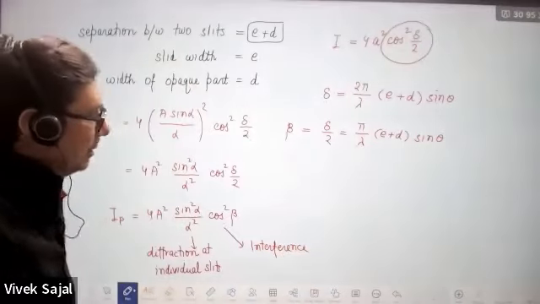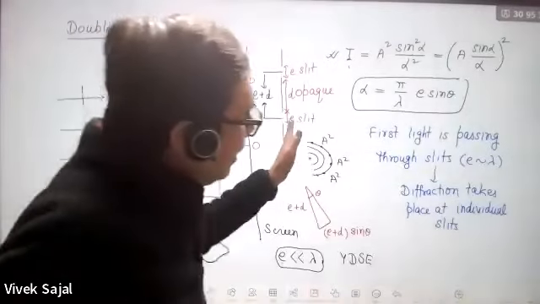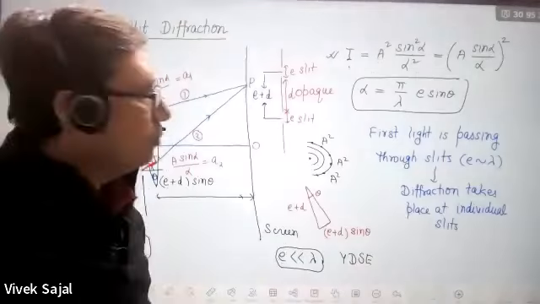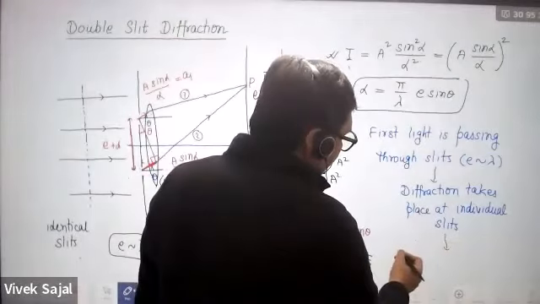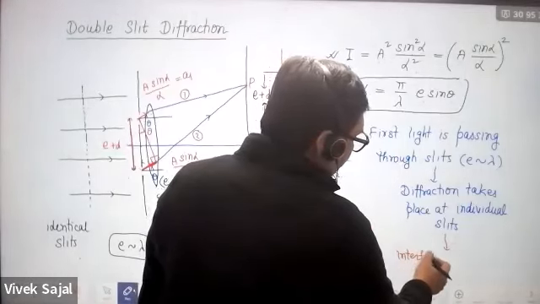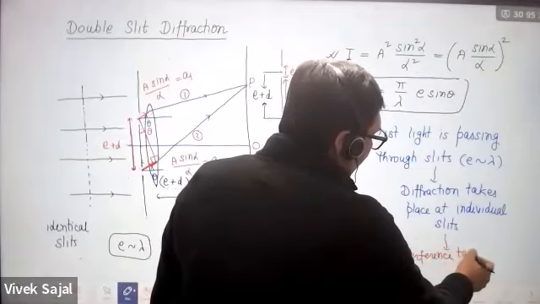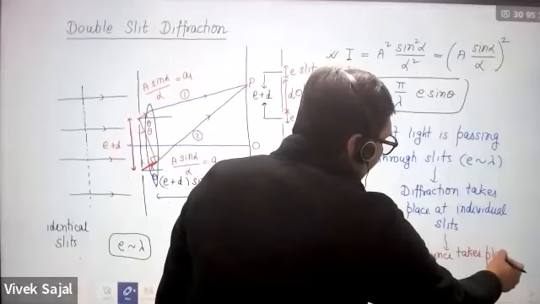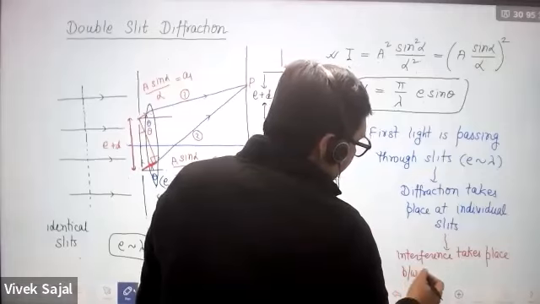So what I was saying here, first light is passing through the slits, it gets diffracted. So you are getting diffracted light. Then after that, interference takes place between diffracted light.